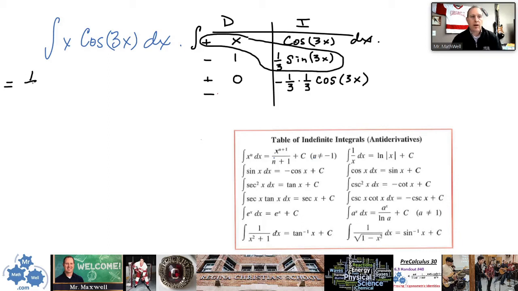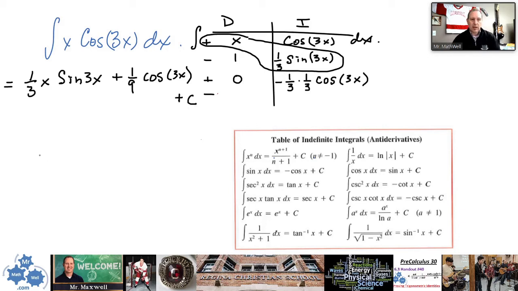So I've got 1/3, I'll just put the x there, sine 3x, minus 1 times negative 1/9, so that's actually a plus 1/9 cos 3x, plus 0, or plus c.